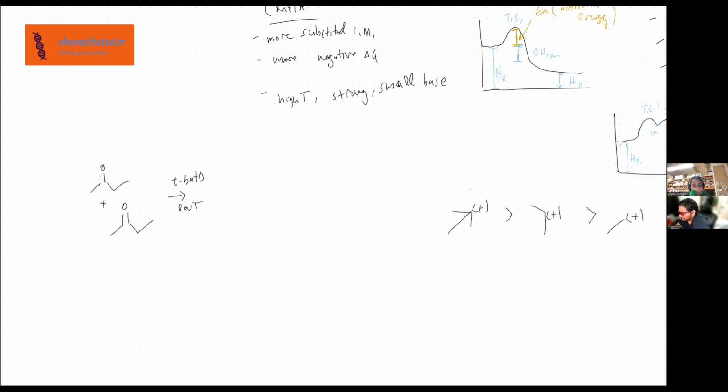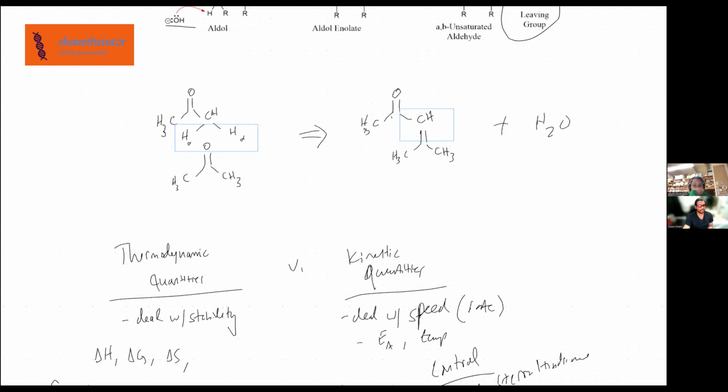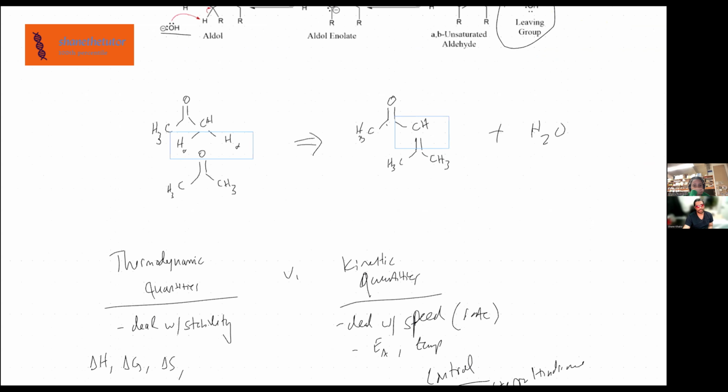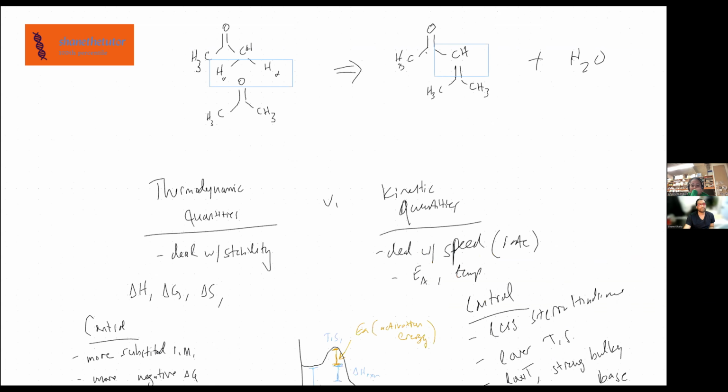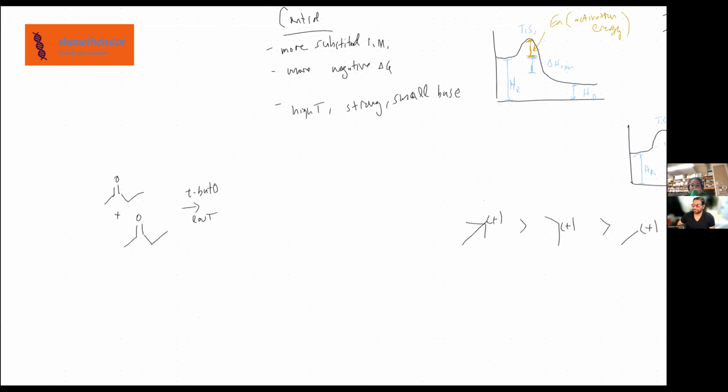What do you think we'll get as our molecule? And think about it in the way that I drew it up here. Like in the structure, you mean? I know it should be the kinetic product, because it's a bulky base and a lower temperature, so it's under kinetic control.